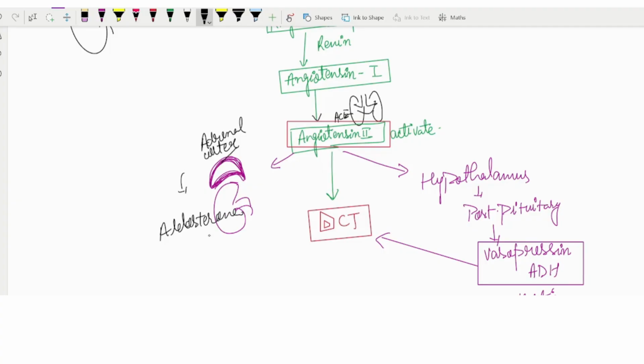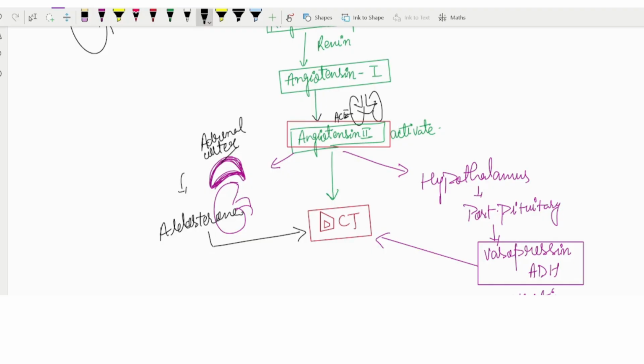This aldosterone will come and give the signal to the DCT part. Okay, so this aldosterone is giving the signal to the DCT for the reabsorption. The hypothalamus gives the signal via the ADH hormone for the reabsorption to the DCT.